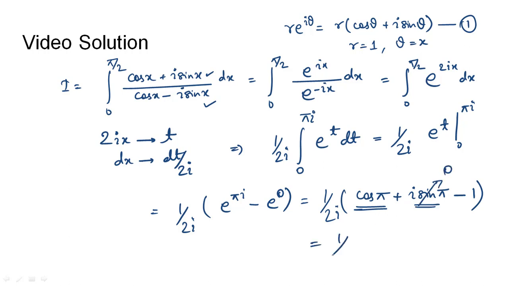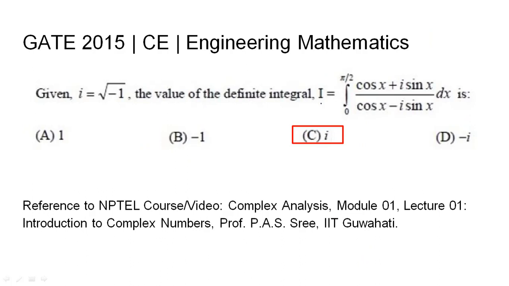So this becomes 1 by 2i into minus 2. This will become equal to i, since 2 would get cancelled out by 2 and minus 1 is i square, so i square by i would become i. So the value of the definite integral was found out as small i, that is iota, which is option C. The relevant NPTEL reference has been listed.